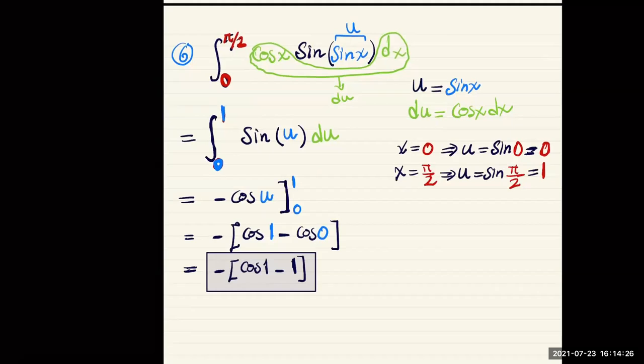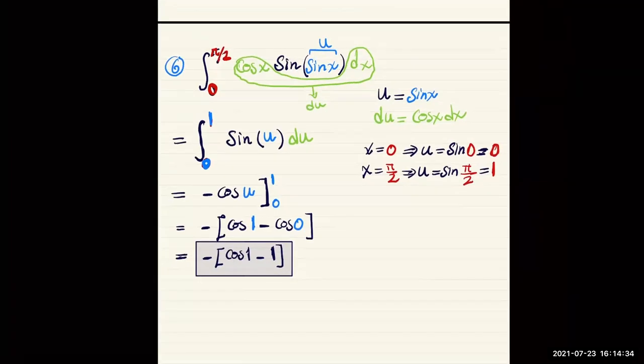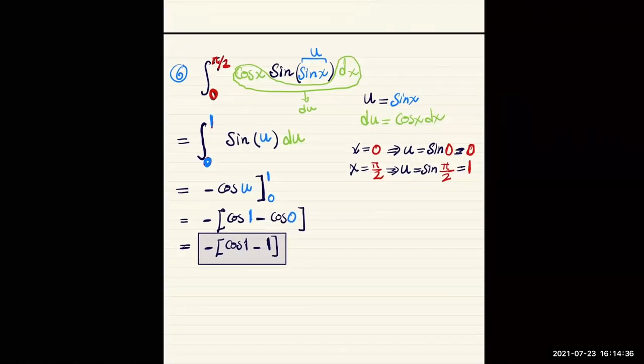Oh, Saad, sorry, I did not see your question. Let me answer Carlos's question first. What do you mean negative for du, Carlos? Well, isn't the derivative of sine x negative cosine x? Oh, no, it's not. You scared me for a second. The derivative of sine x is positive cosine x.